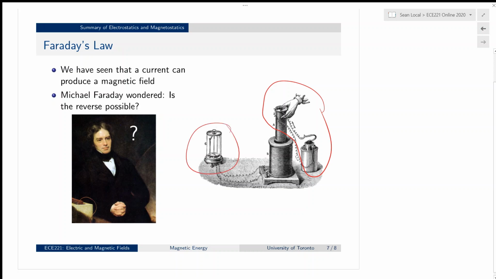And he noticed that you can induce a current in that circuit, which is labeled B here. So the magnetic field produced by that electromagnet was able to produce a current in this circuit. And that leads us to the last unit in EC 221, which is on electrodynamics, when we have time varying electric and magnetic fields and what happens in interesting circuits such as this.